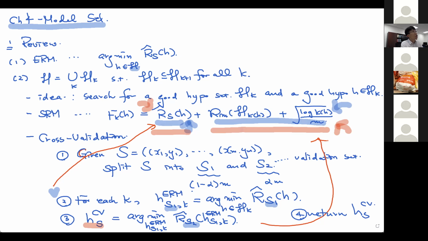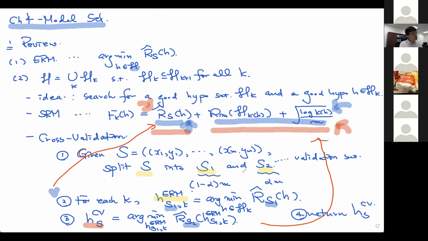Okay. And then, on the other hand, it's not perfect. So in this algorithm, given a sample S, we have to split the sample into S1 and S2. And then only S1 is used to find the solution that minimizes the risk in each hypothesis set.